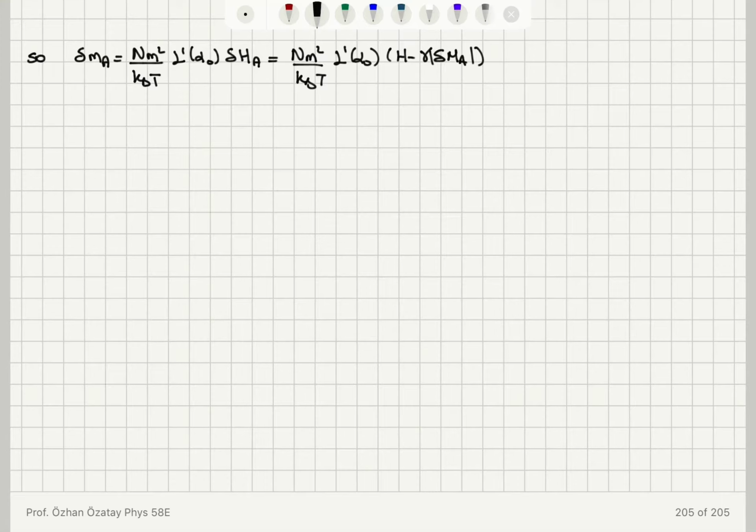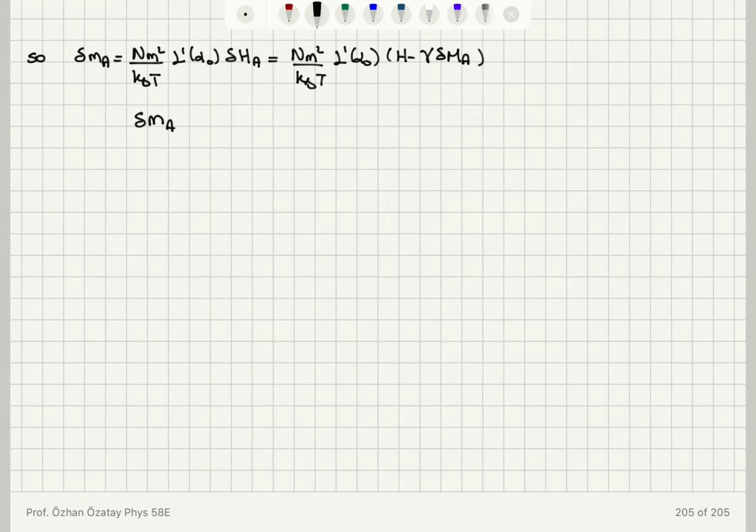No need to use the absolute values actually, because delta MA is positive here. So H minus gamma delta MA.